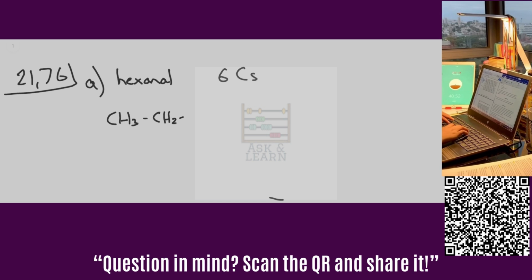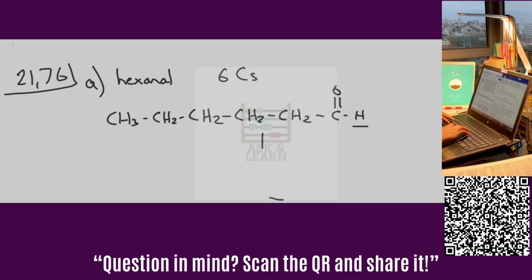So we'll draw our carbon chain. And we know that an aldehyde is a carbon with a double bond O and also a hydrogen. So it has to be on the terminal carbon in the carbon chain to accommodate this hydrogen here.